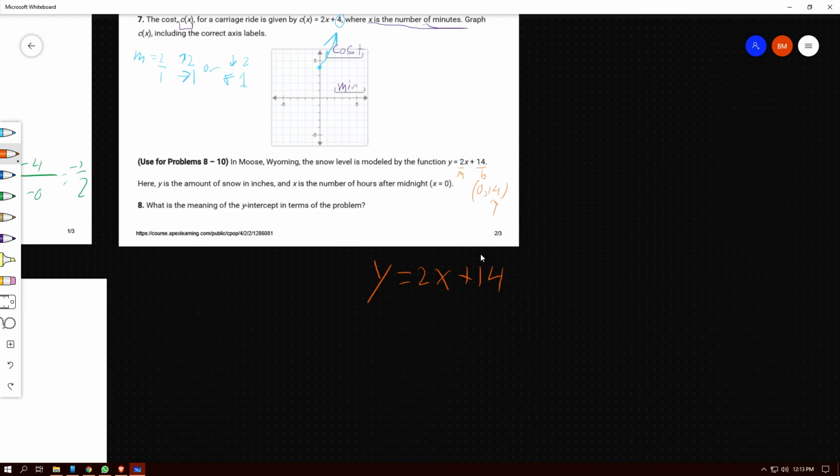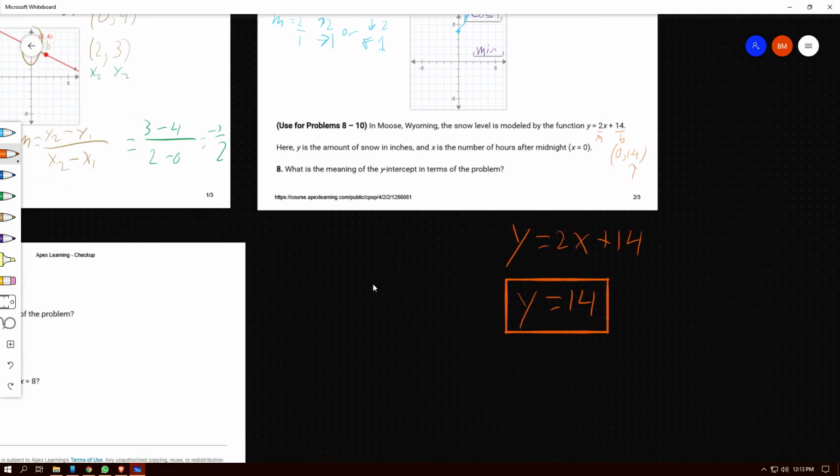If I plug a 0 in for x, I really just have y equals 14, right? Because 2 times 0 is just going to cancel out. So what does y equals 14 mean? Well, y was the amount of snow in inches. So what this is saying is that there are 14 inches of snow at midnight. So before we even started counting after midnight, there are already 14 inches of snow on the ground. All right, again, it's our starting point. We started with 14 inches of snow.